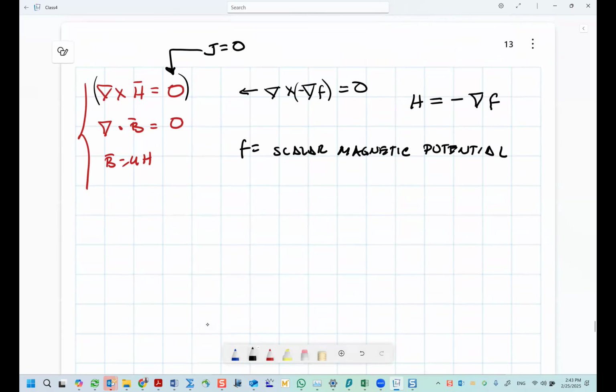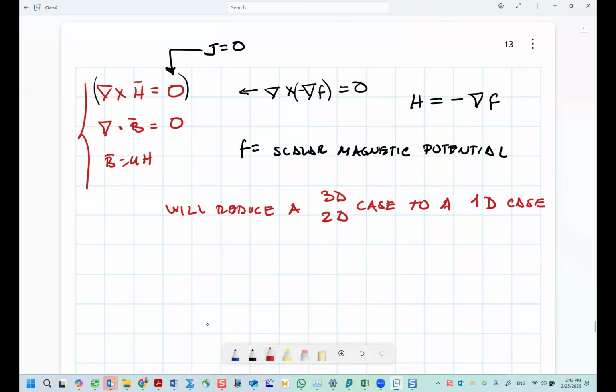So this potential F will reduce a 3D or 2D case to a 1D problem, or 1D case. So exactly the same thing.